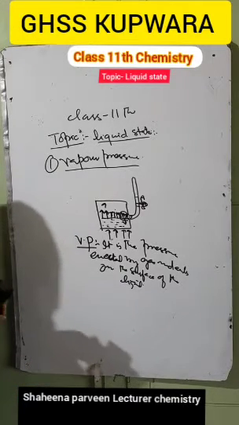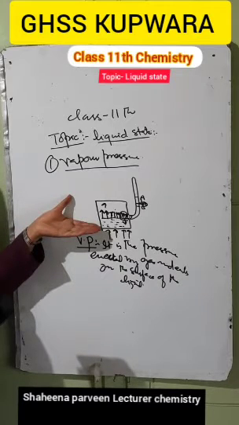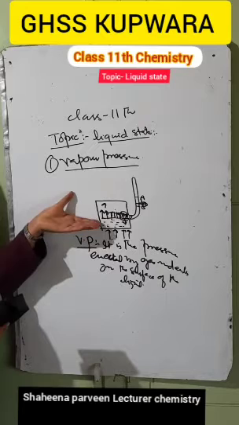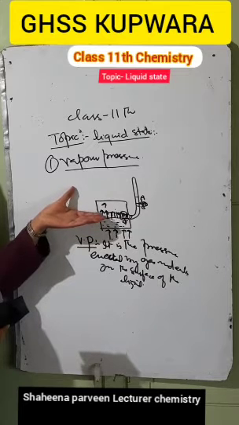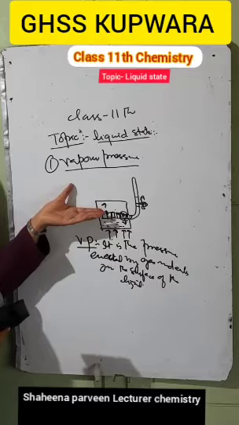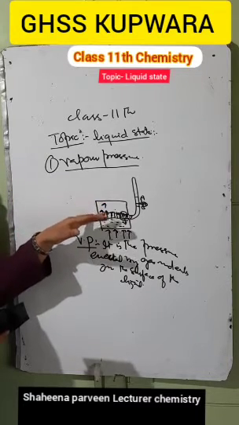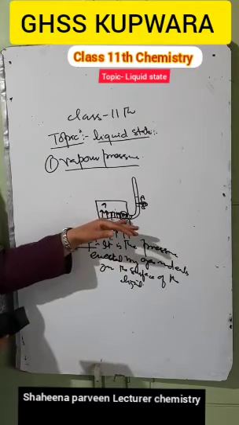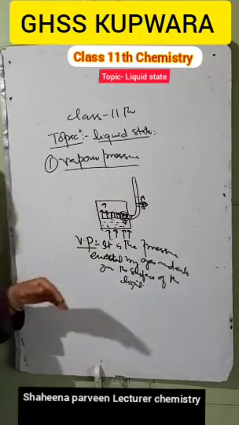For the vapor pressure we take a closed container. क्यों closed container? क्योंकि अगर हम इसको open लेंगे, the gaseous molecules formed here get escaped, and so we are not in a position to study the vapor pressure. For this very purpose we take a closed vessel, and one end of this closed vessel is connected with a manometer.